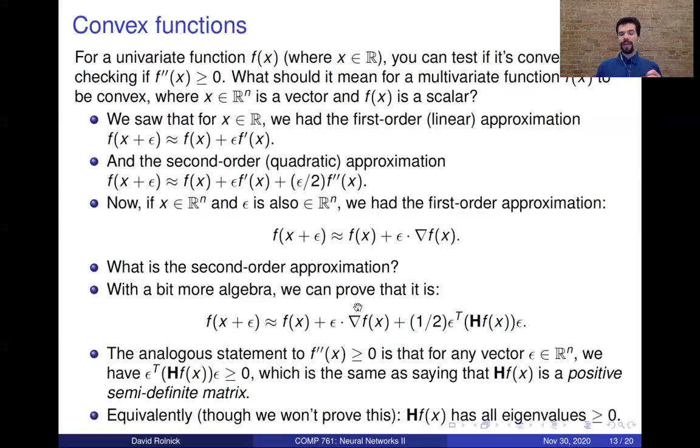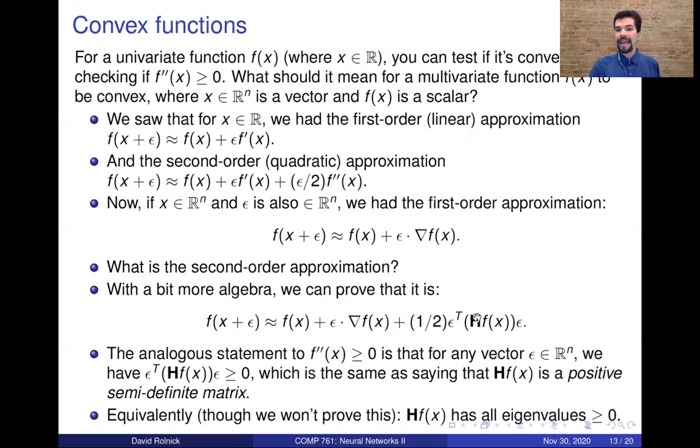There's another way that you can think about this, which we won't prove just because of time, but it's pretty doable to prove. Another way to define positive semi-definite is to say that all the eigenvalues are greater than or equal to 0. And one way to think about that is pretty simple. If you imagine that you had an eigenvector that has an eigenvalue less than 0, what if you plugged in that eigenvector for epsilon?